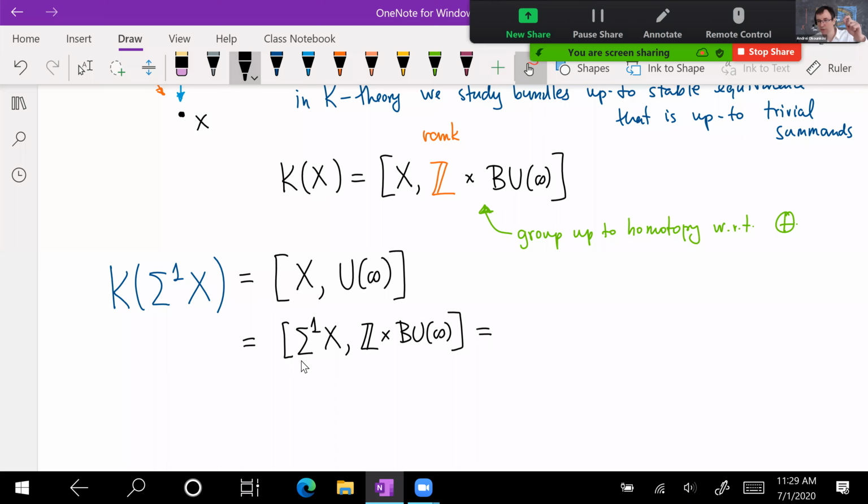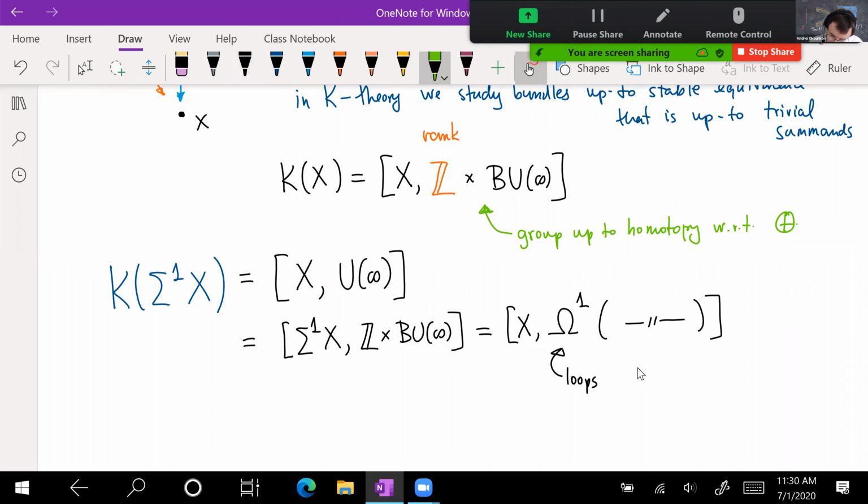Suspension is like a collection of loops parameterized by your points in X. And therefore maps from the suspension are the same as maps from X to loops. This is true in general. And so this says that this has to be, we'll just write, Z cross BU.